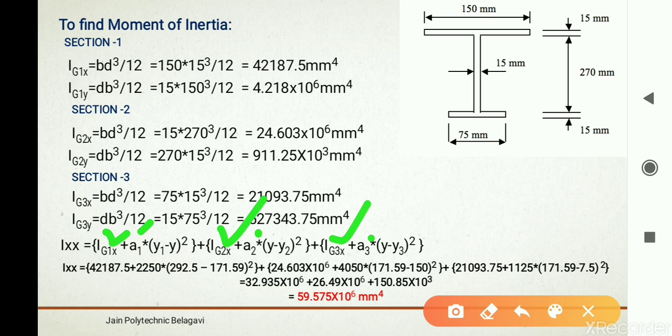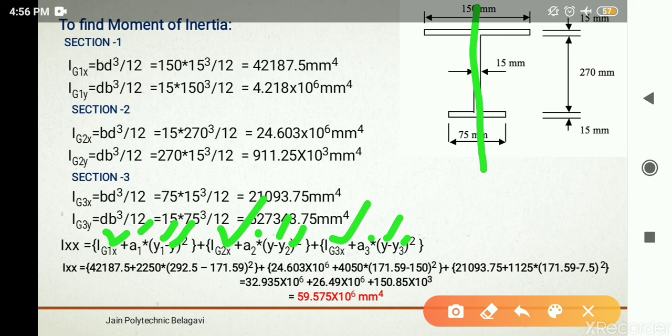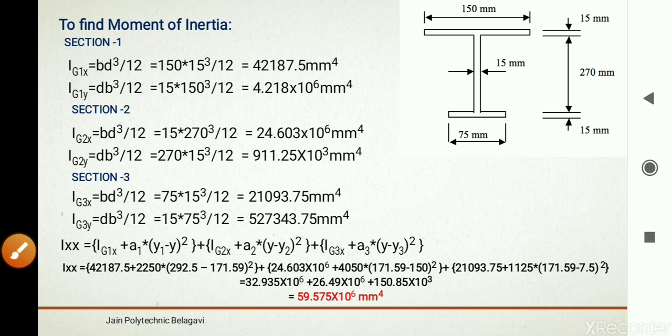Then only here you have to replace with x bar minus x1, x bar minus x2, x bar minus x3. Put those values, get the moment of inertia about the y axis. This is how you have to find the moment of inertia.